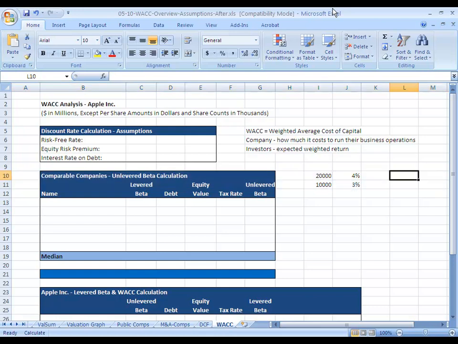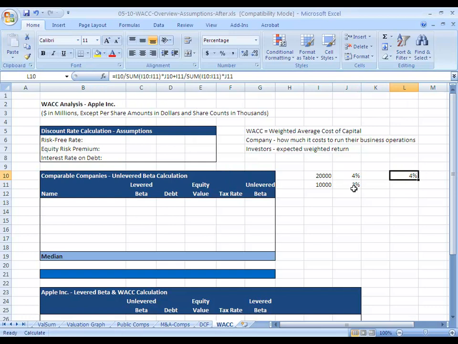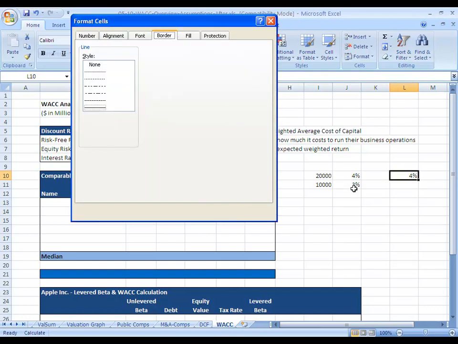So in this case, to calculate WACC in this very simple example, we would just take our 20,000 right here, divide it by the sum of these two numbers, multiply it by the 4% right here, and then we would add to it the 10,000 divided by the sum of these two numbers times the 3% right here. Just change the decimal points on this.